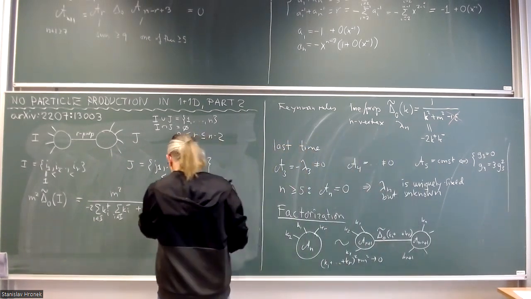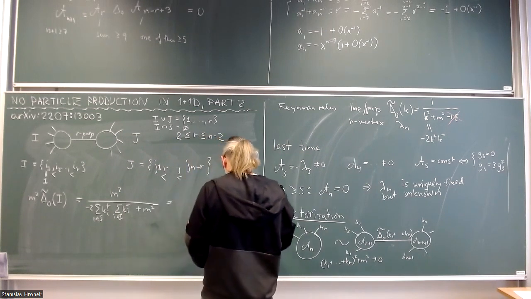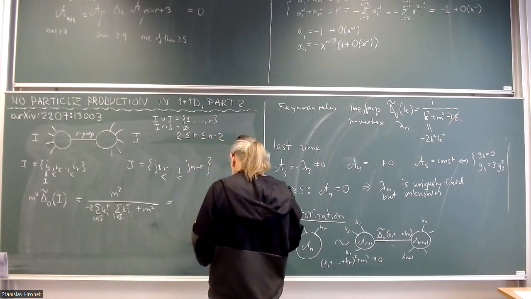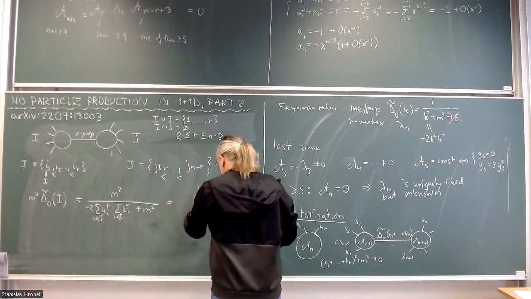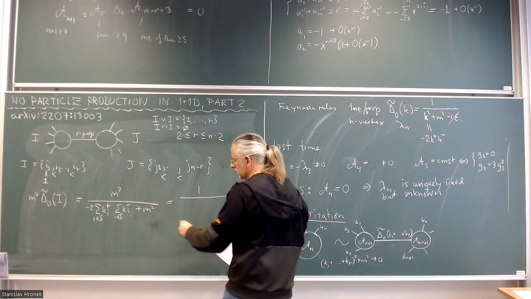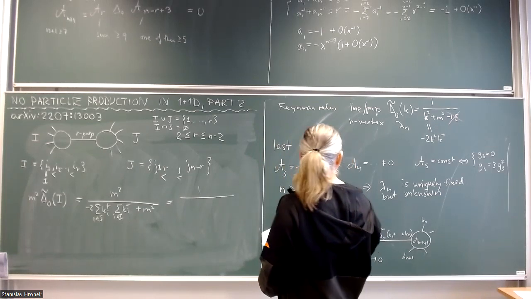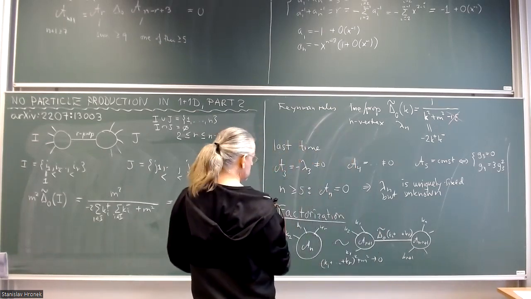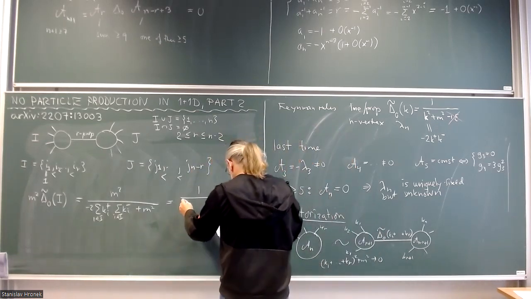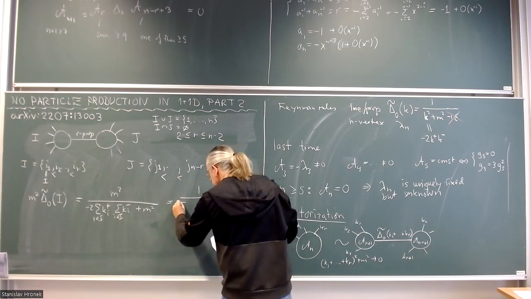And now we want to rewrite that with the help of the A variables. I apparently don't have it on the blackboard, but I hope you believe me if I say that this is the same.